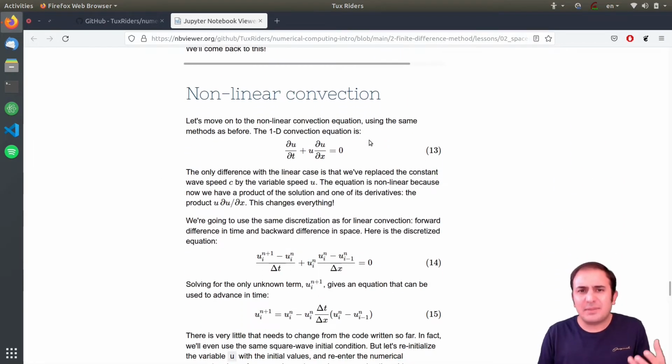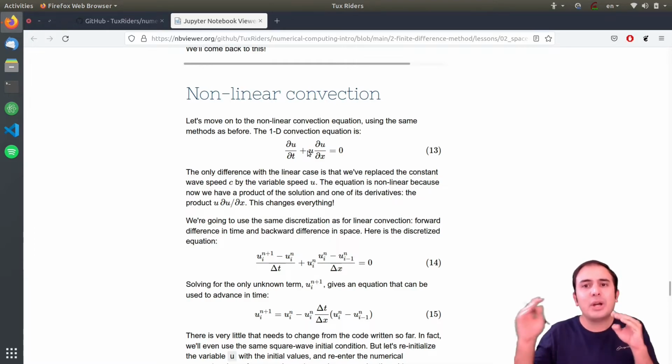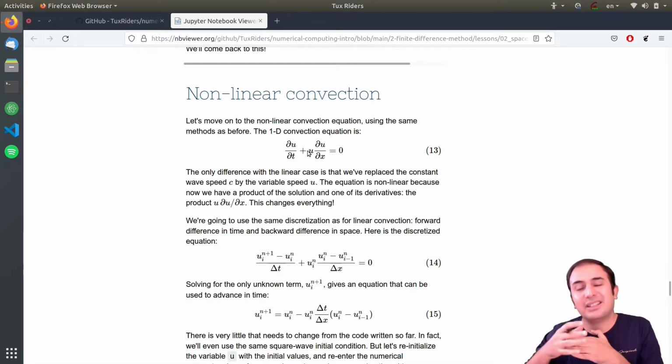This is also nice because you saw how simple it is to compute the numerical solution of a partial differential equation. It can also be a nonlinear convection like this one, where instead of the velocity c, you add u, which means that every point with a higher value of u has more velocity.